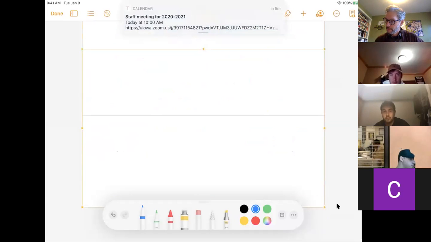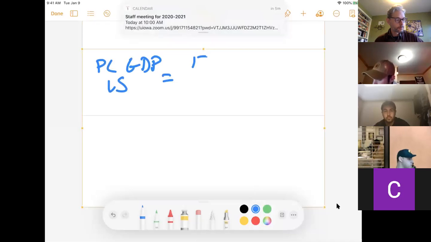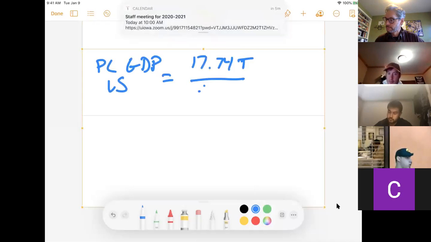So per capita GDP in the US is 17.74 trillion divided by 325 million.